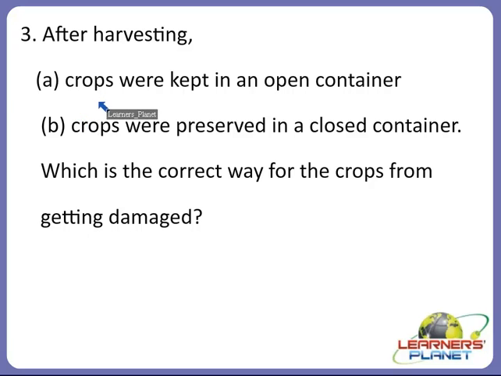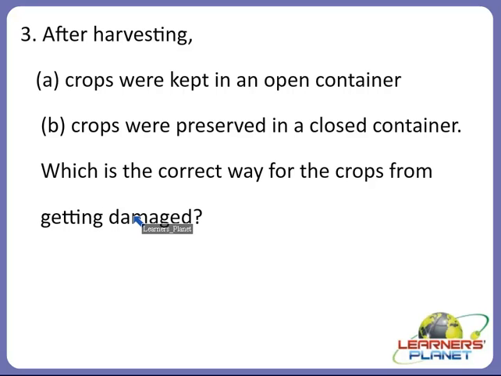So there were some crops that after harvesting were kept in an open container, and some crops were preserved in a closed container. So children, the question for you is which is the correct way to protect the crops from getting damaged?